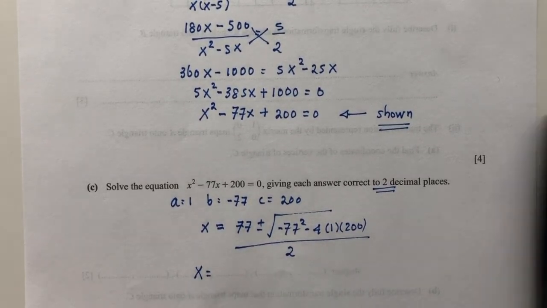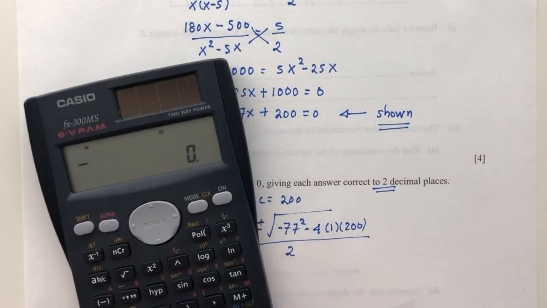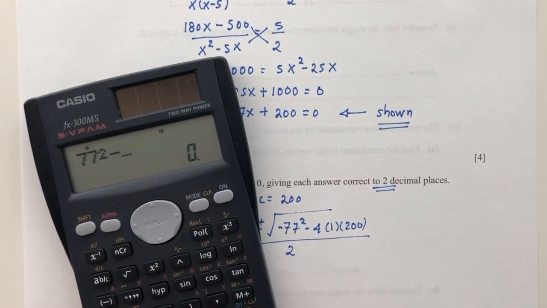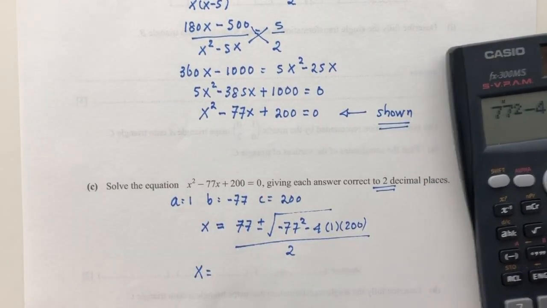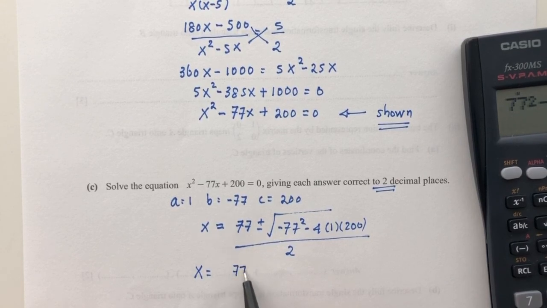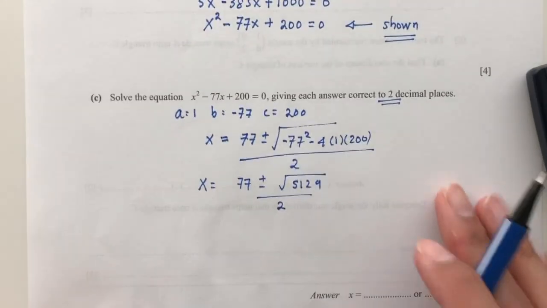So let's simplify what is inside the square root. So 77 plus minus square root of 5129 divided by 2. So let's find one by one.